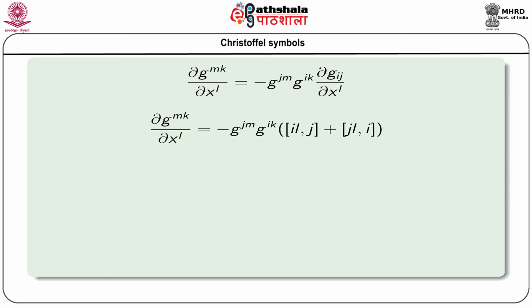Now, from property 3 of Christoffel symbols, we can write the expression of ∂g_{ij}/∂x^l, and the above relation takes the form ∂g^{mk}/∂x^l equals to minus g^{jm} g^{ik}. In the bracket we are getting the Christoffel symbol of first kind [il, j] + [jl, i].